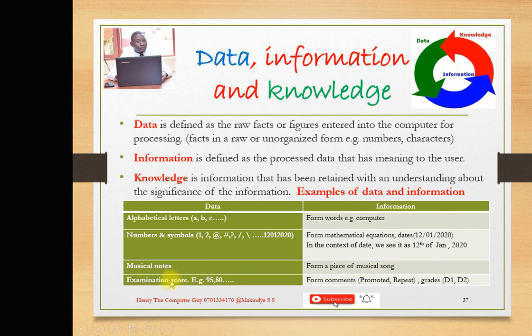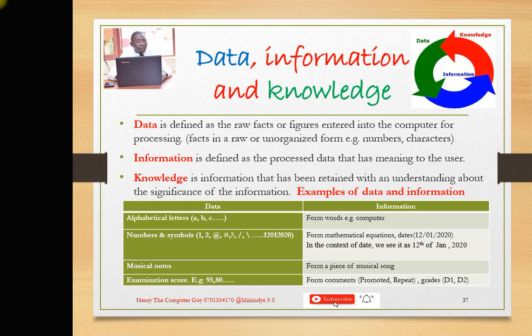Then we can have examination scores. Someone gets 90, someone gets 80. We can use these scores to form comments, whether someone has passed or has to repeat a class. Or we can even form the grades. Let's say 95, that is a distinction 1.